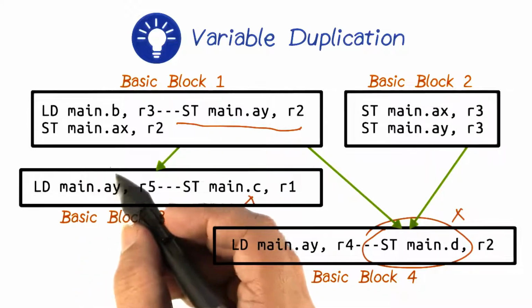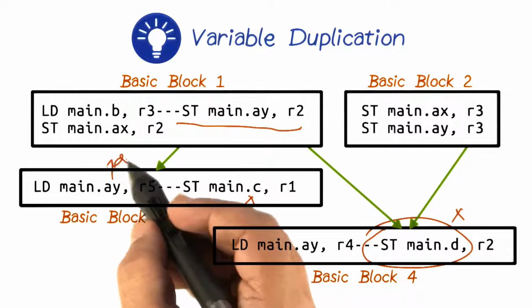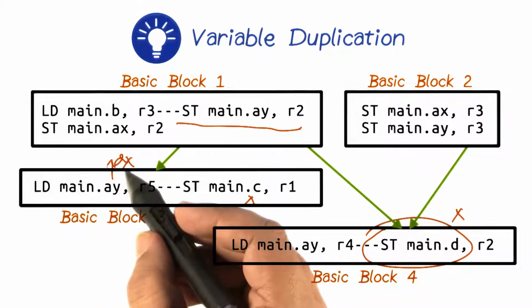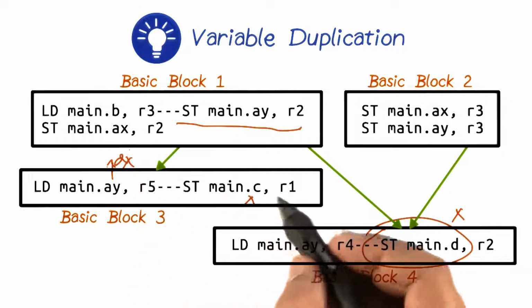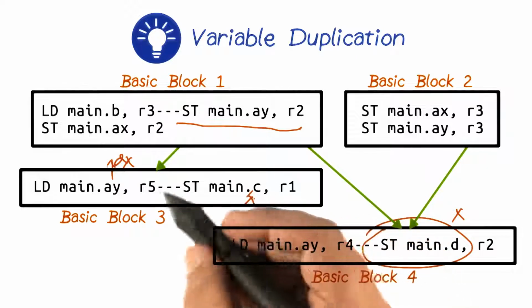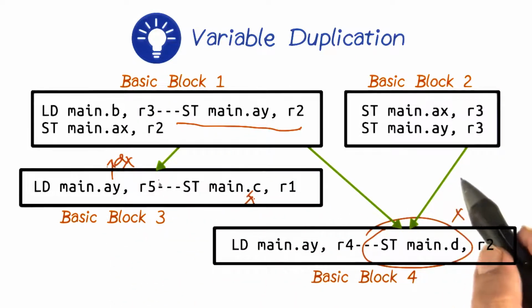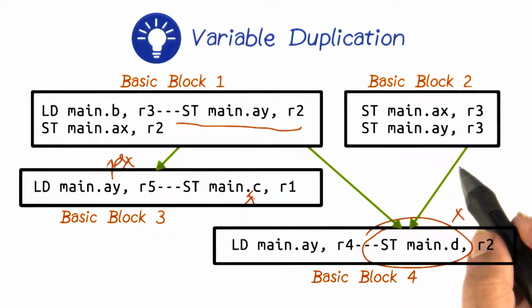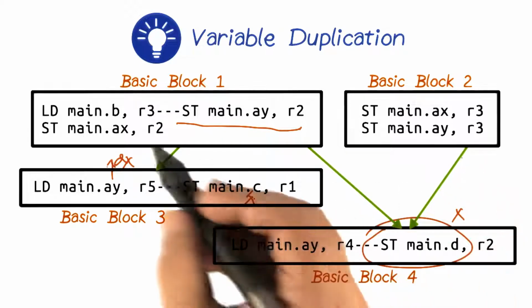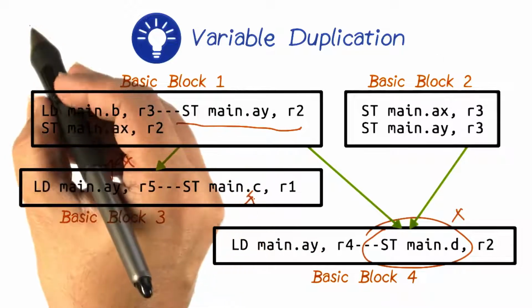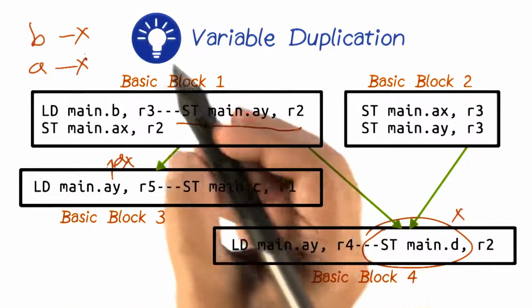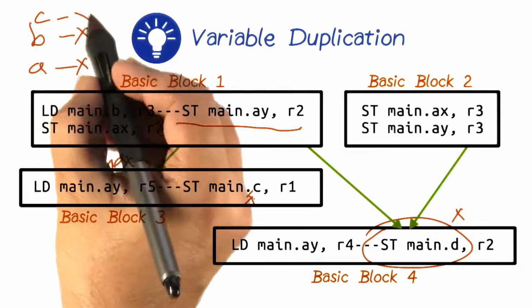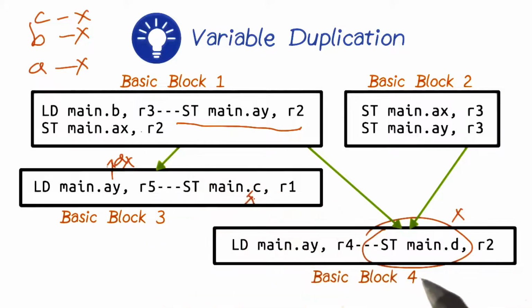So let's say this particular one was not really A of Y, but it was A of X, that is loading the version in X bank. Because this is in X bank, so is this, and therefore there was no parallelization possible here as well. So you can see that several parallelization opportunities were not possible because B was in X bank, A was also in X bank, C was also in X bank, and therefore the corresponding load stores could not be parallelized.